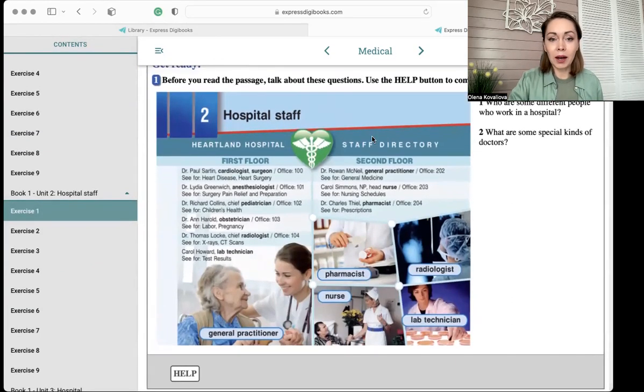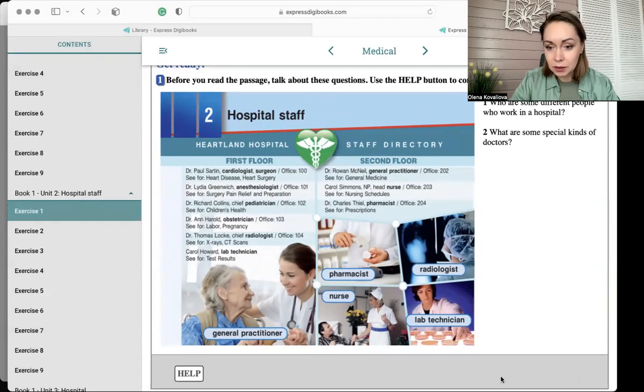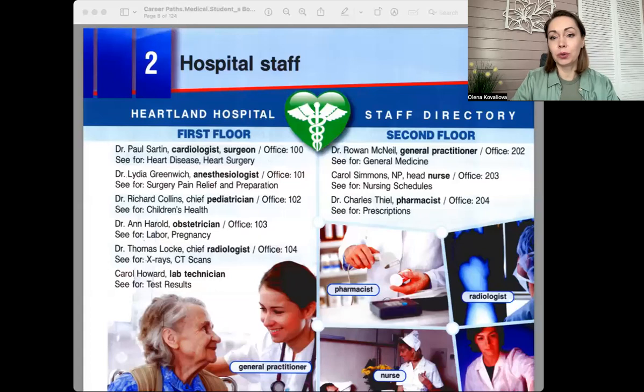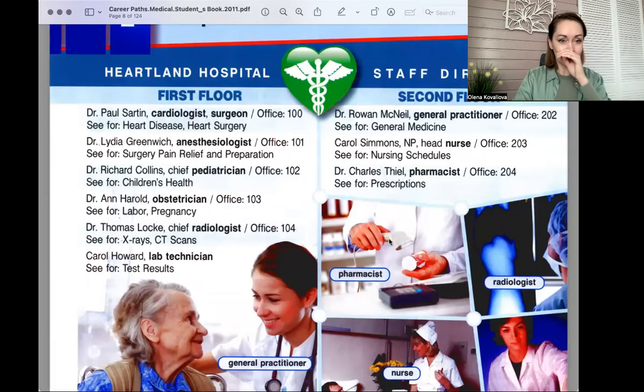And I know that my screen is a little blurred, трошечки розмито виглядає. So let me please show you maybe the book that will be easier for you to see better. Yes, so now I'll show you my book. So the topic hospital.